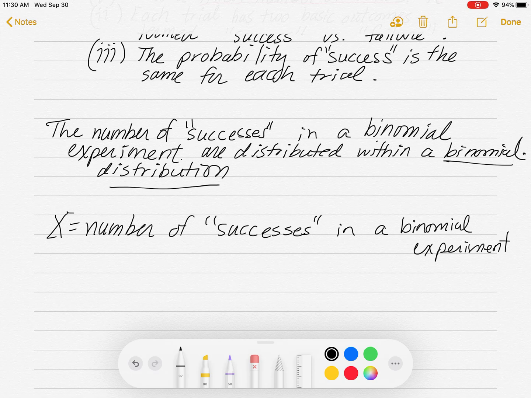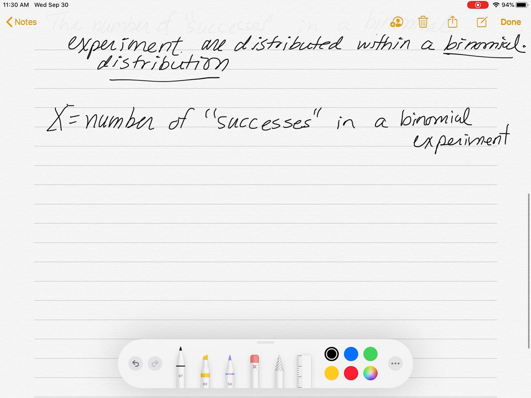So x is a variable that tells you the number of successes from a binomial experiment, and x is going to be distributed in what we call a binomial distribution.